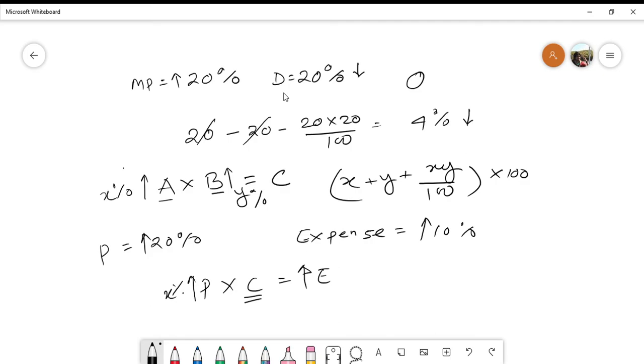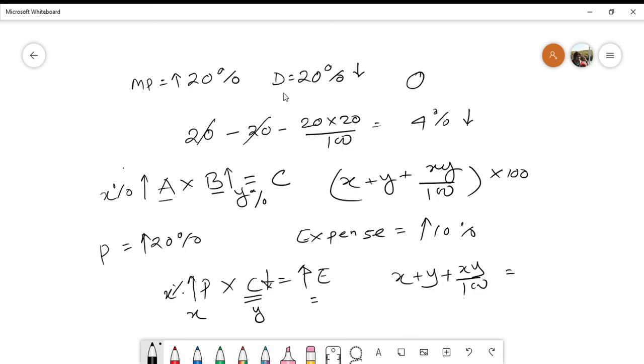But since it is saying that my expenditure only increased by 10%, that means that I have reduced my consumption by some amount, and that is the percentage that we have to find. So again, we can apply the successive percentage formula here. If this is x and this is y, the overall effect on E would be x plus y plus xy by 100, right?